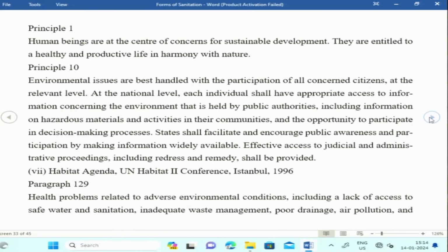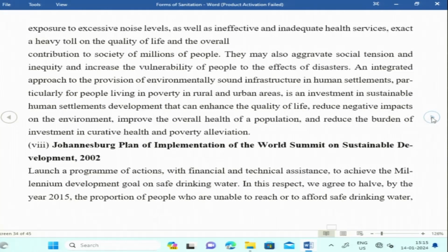So, that is how the concern goes, and we also have the Habitat Agenda, which comes under the United Nations Habitat second conference held at Istanbul in 1996, in which paragraph 129 speaks about how health problems related to environmental conditions, including the lack of access to safe water and sanitation, have to be taken into consideration.